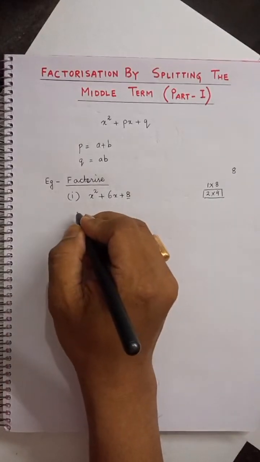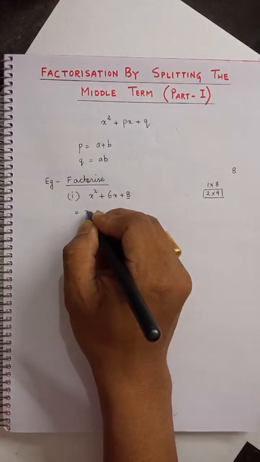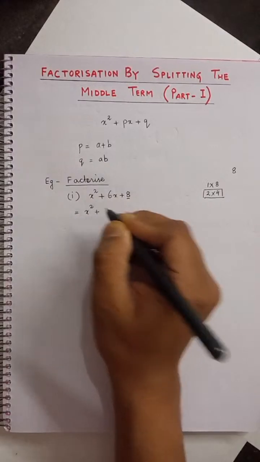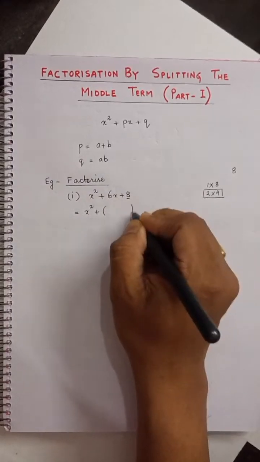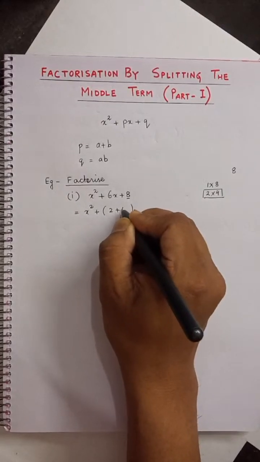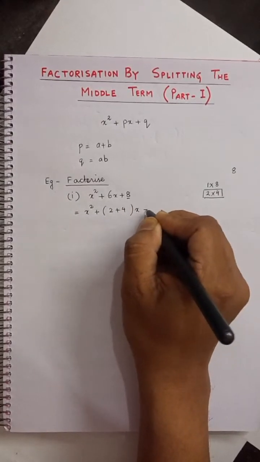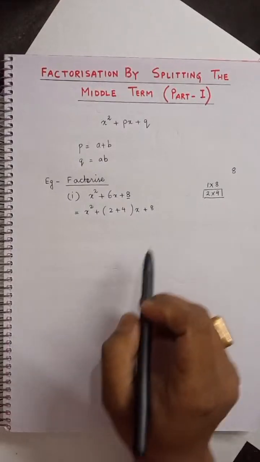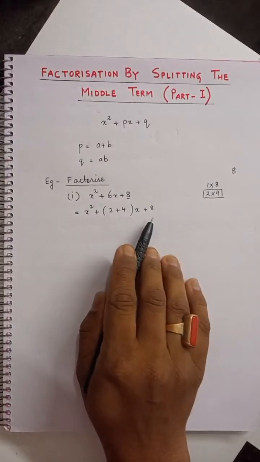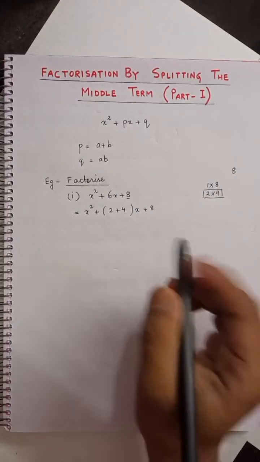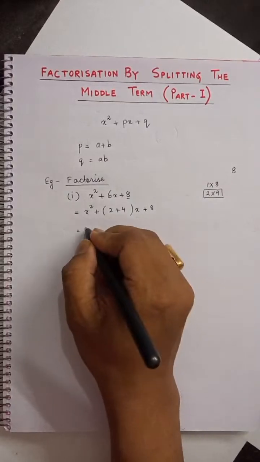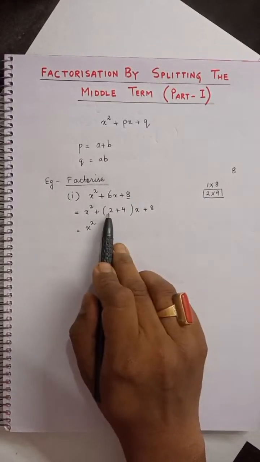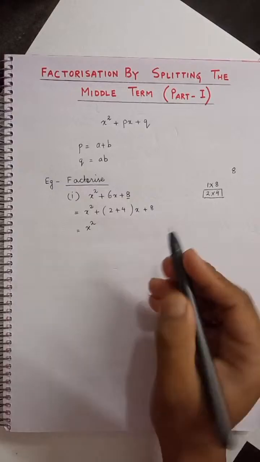So how are we going to split this? We will write x square plus 2x plus 4x plus 8. We won't change the 8, we will write it as it is. We multiply the x with both 2 and 4.